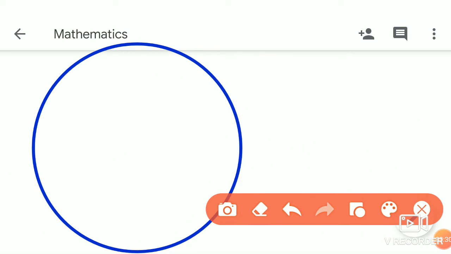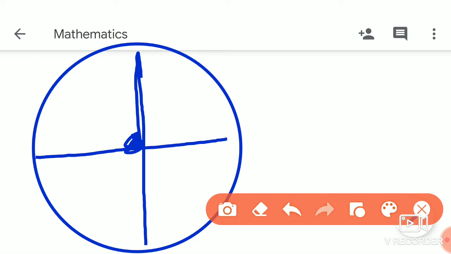So, now we know what a chord is and what circumference is. Before I discuss other parts of the circle, I would like to tell you something interesting about chord.